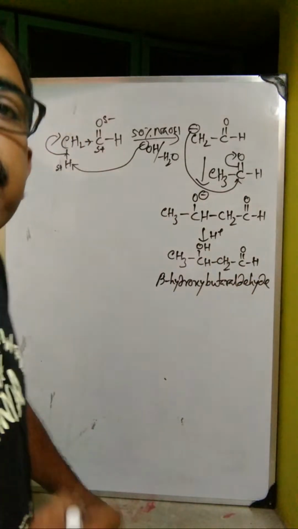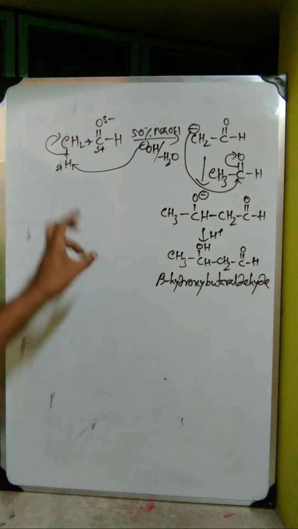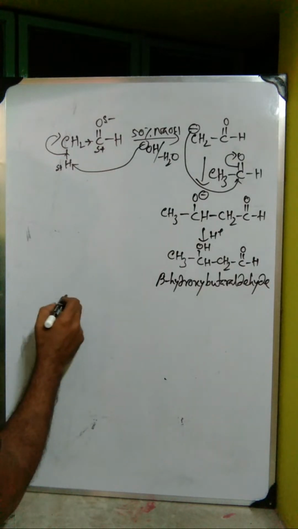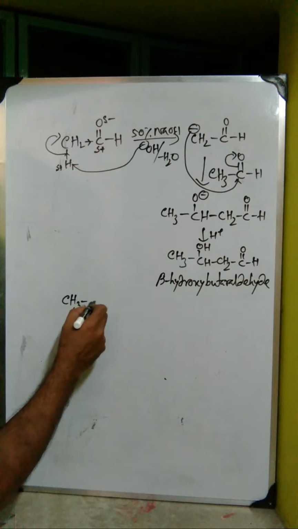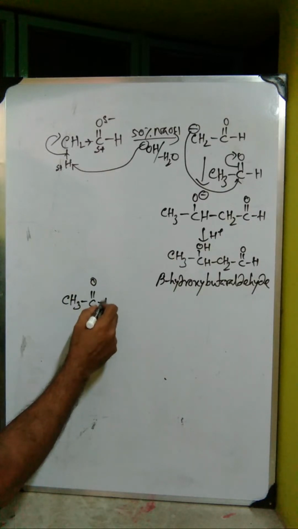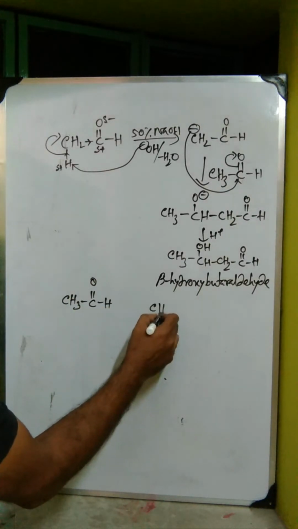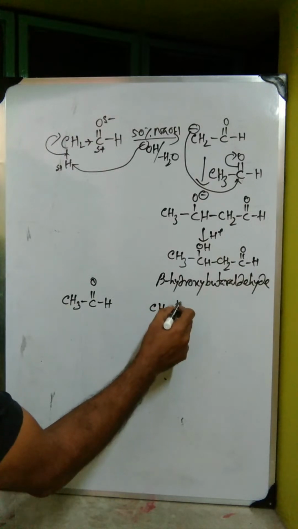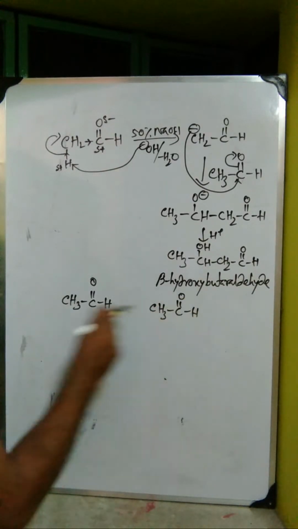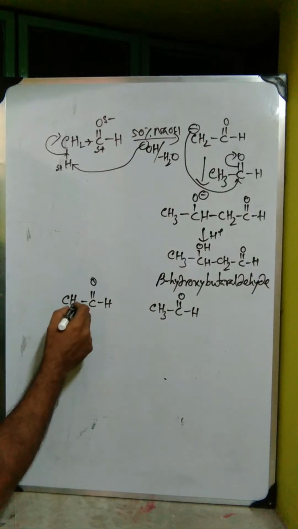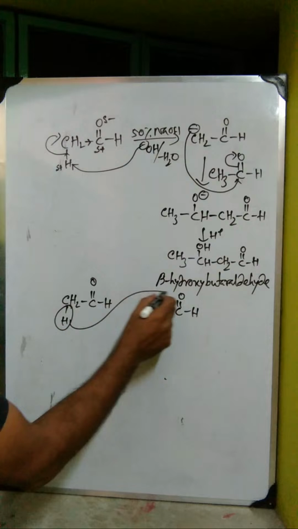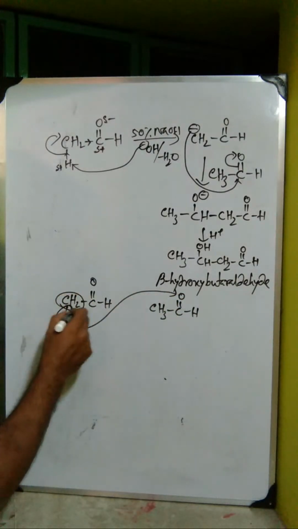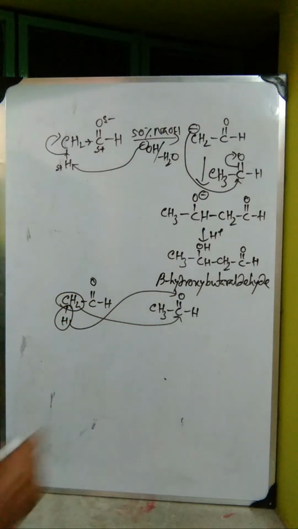So this is the reaction mechanism, but how can we write it in a very short time? The trick is: write CH3CHO, then again write another molecule of CH3CHO. One of the alpha hydrogens is shifted towards the oxygen atom, and the alpha carbon bonds with the carbonyl carbon.